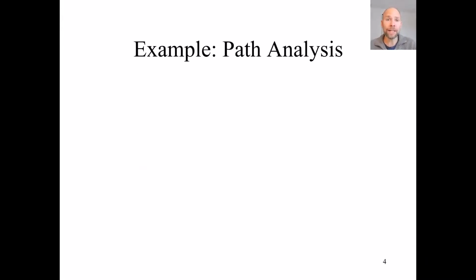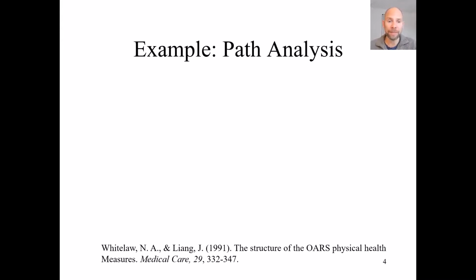I want to give you an example first of all, so you can better understand what path analysis is about, and I'll begin with a conceptual example, and then we will take a look at the math, the equations behind a path analytic model. It's a simple example that is based on work by Whitelaw and Liang in the area of health psychology, where they looked at relationships between subjective health.